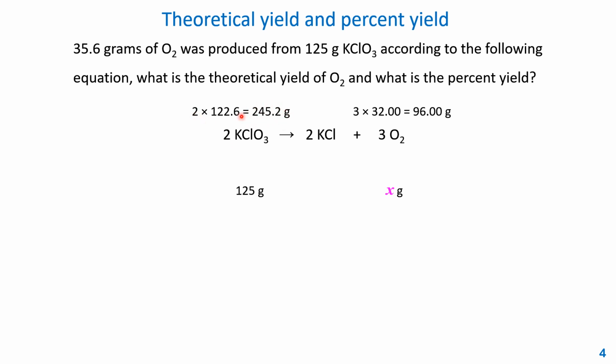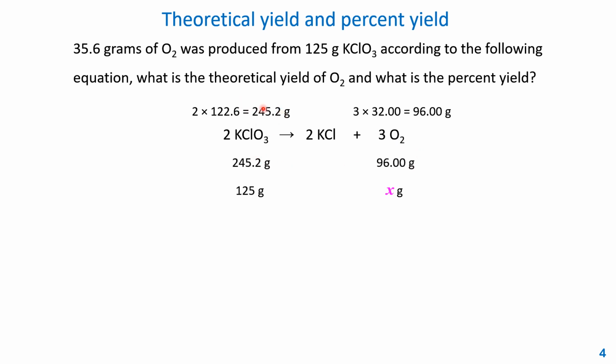That is the total mass of 2 moles of potassium chlorate. Same thing, 3 moles of oxygen: oxygen molar mass is 32 times 3, the coefficient, you get 96 grams of this 3 moles of oxygen.